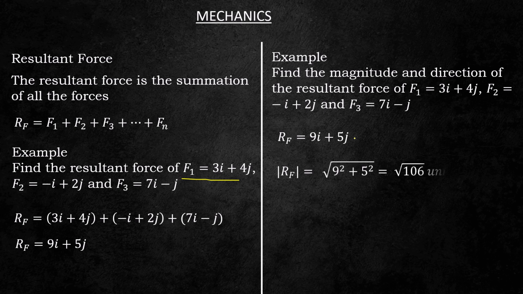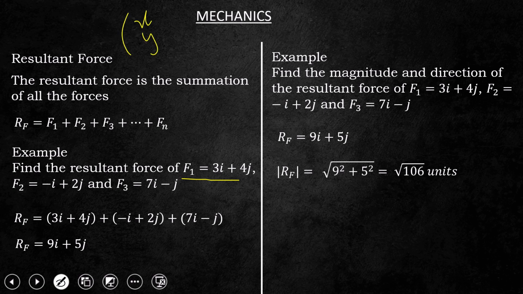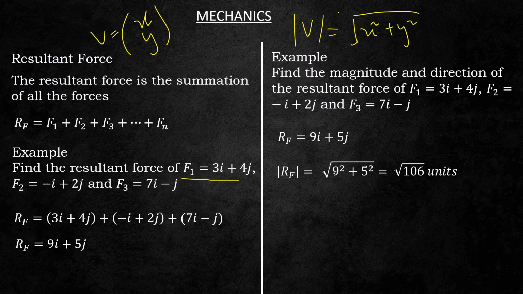Now to find the magnitude of a vector. If a vector is given of the form x, y, and I want to find the magnitude of the vector v, we know that this is equal to the square root of the x component squared plus the y component squared. And that is exactly what is being used over here.